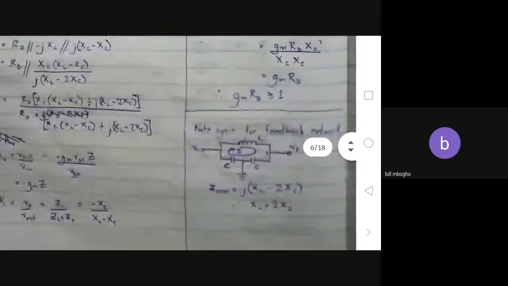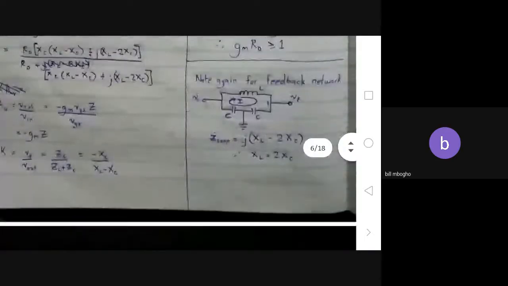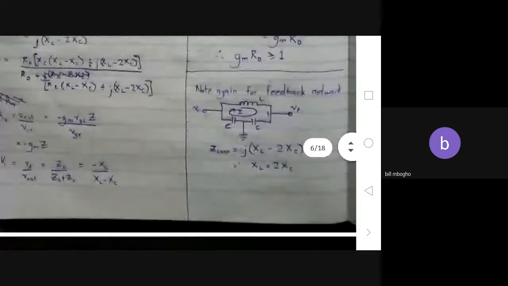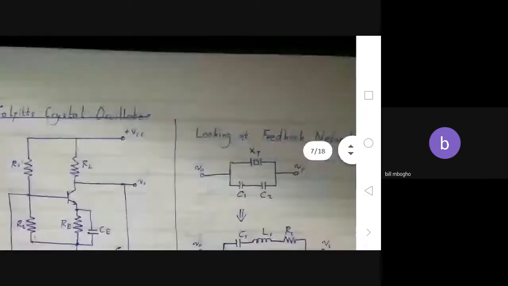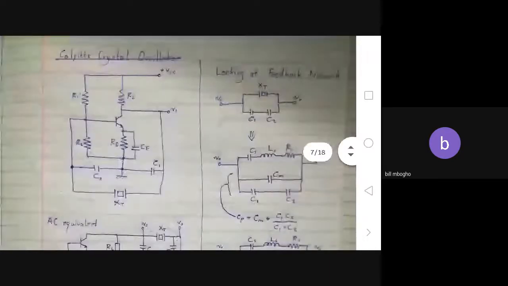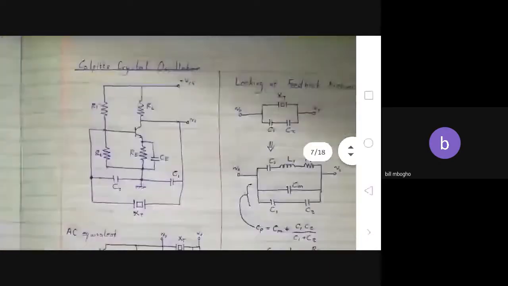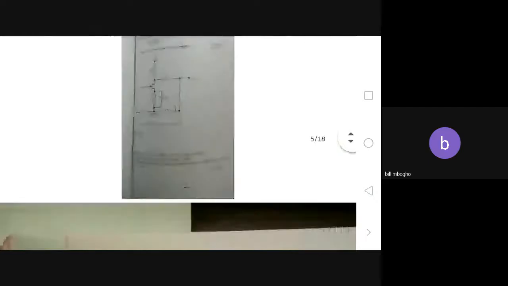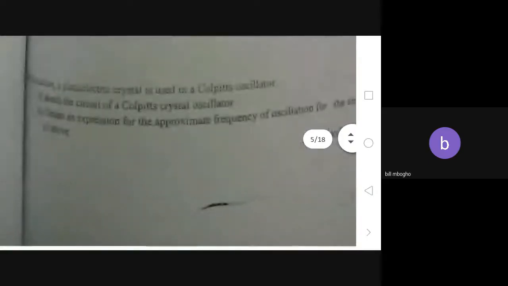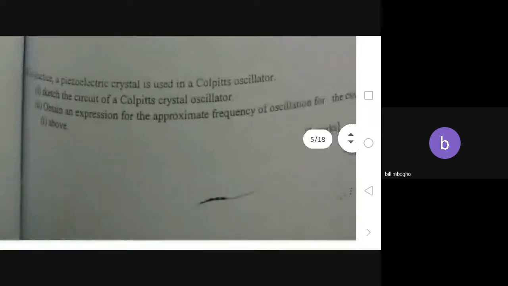Now I can use it to show why the Colpitts crystal oscillator is the way it is. This is the Colpitts crystal oscillator, that's the circuit they're asking for up here. Draw the circuit of a Colpitts crystal oscillator and obtain an expression for the approximate frequency of oscillation for the circuit above.